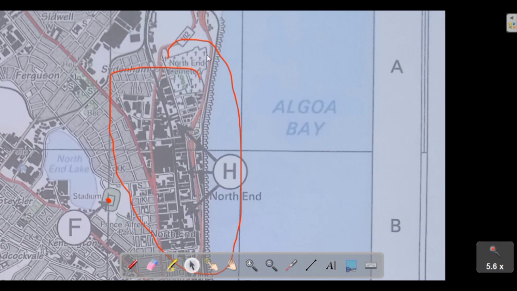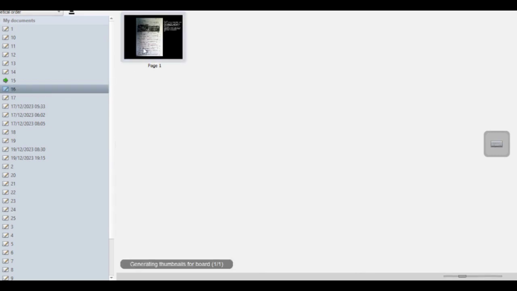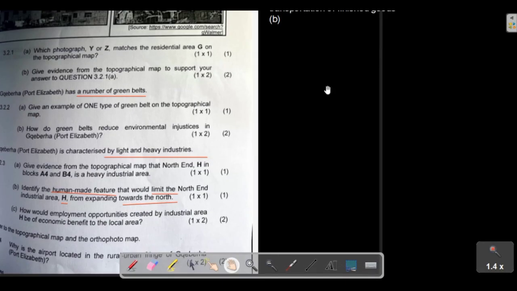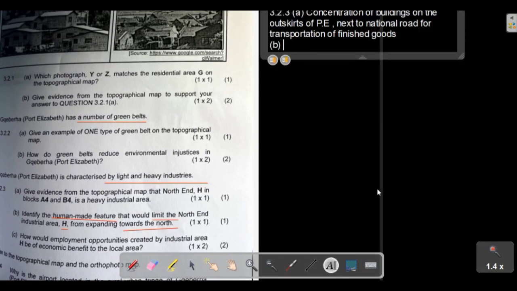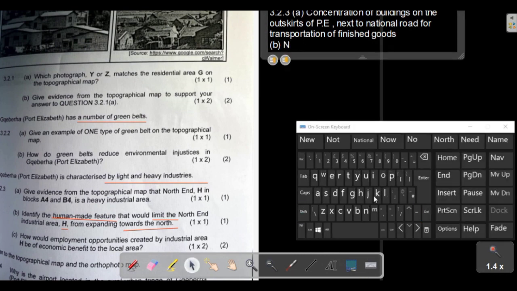So it should be the cemetery, guys. Yes, it should be the cemetery, because that is human made. So we'll go with that, the cemetery. It's called the North End Cemetery.